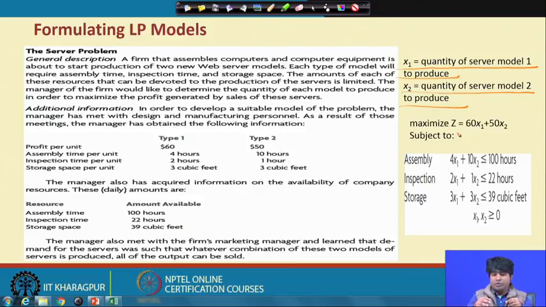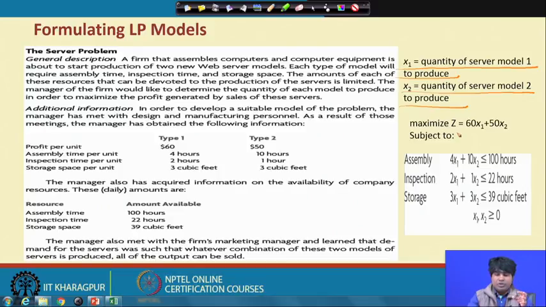So, let us assume x1 is the first decision variable, and x2 is the second decision variable, where x1 represents the quantity of server model 1 to produce, and x2 is the quantity of server model 2 to produce.